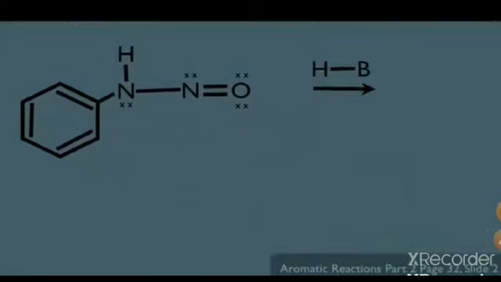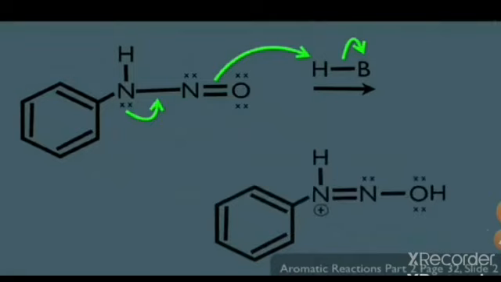The acid reacts with this intermediate. HB represents an acid. As you know, diazonium reactions occur in the presence of HCl, so there is plenty of acid in these reactions. HB represents any acid. The electrons on nitrogen will move between the two nitrogens, and the pi bond between nitrogen and oxygen goes out and takes up the H+ from the acid, and we end up with something like this.